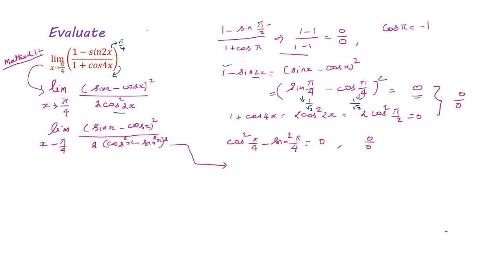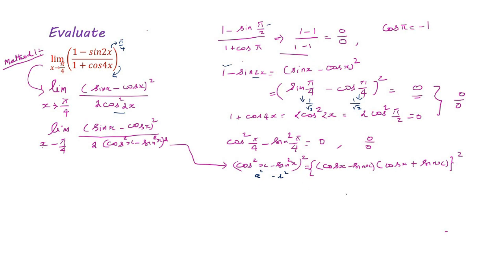So this cos squared x minus sin squared x, you can write as (cos x plus sin x) into (cos x minus sin x), using the a squared minus b squared equals (a minus b) into (a plus b) form. Of course, the whole square is there.